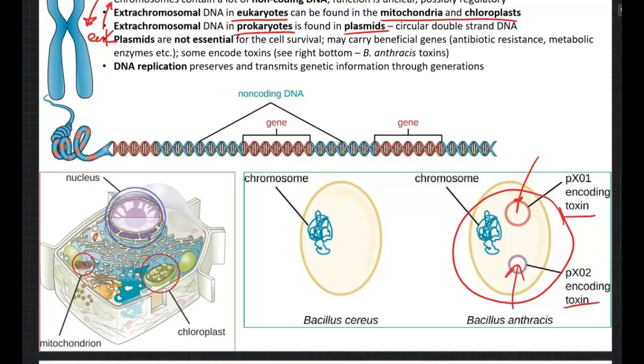But what's interesting, a paper was published a couple of years ago. Scientists asked themselves a question: what about mitochondrial DNA? Can you take it out? If we take it out, can a cell survive? The answer is yes. I don't know how they did it, don't ask me.